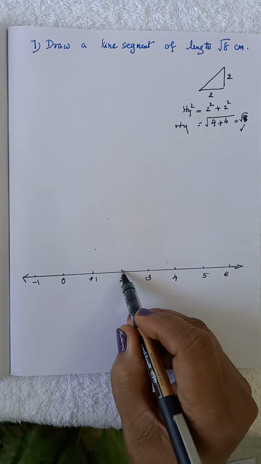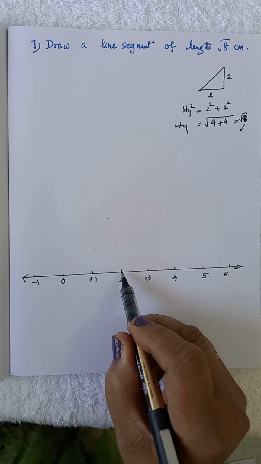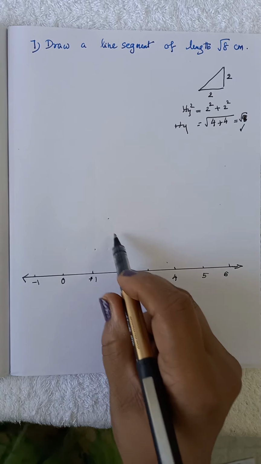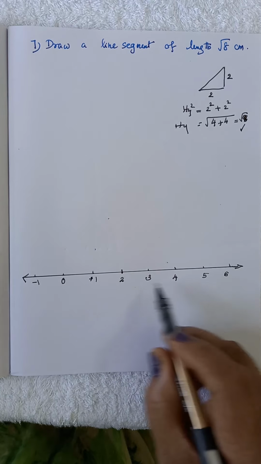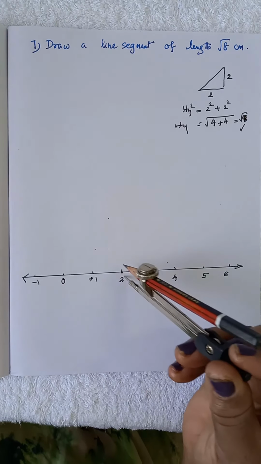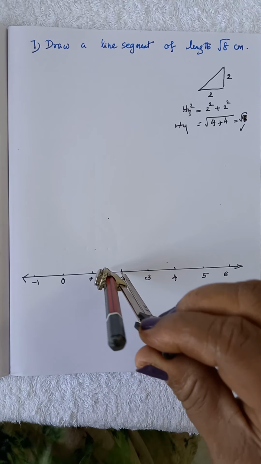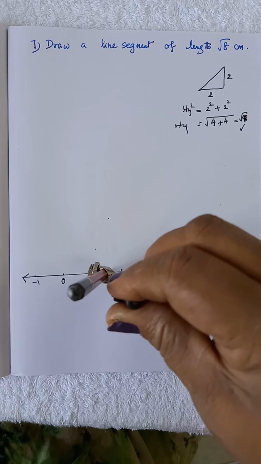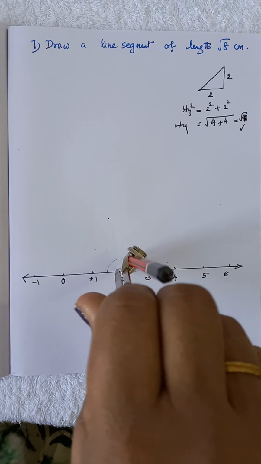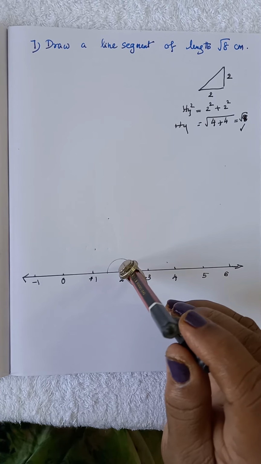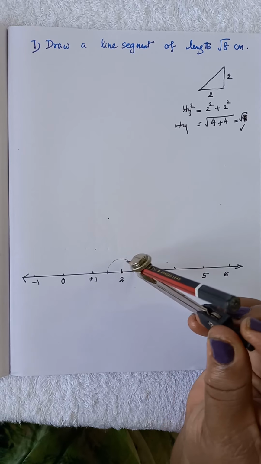Now let us take 2 centimeter from 0 to 2 and draw a perpendicular to the number line through this 2. Now take a compass and place it here on 2. Then draw a small arc here so that it meets the number line at 2 points, here this and this.